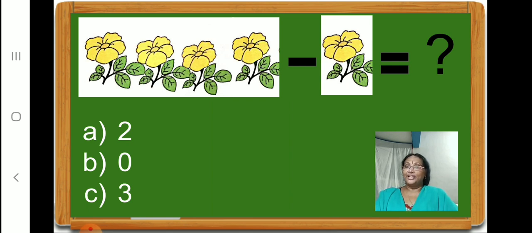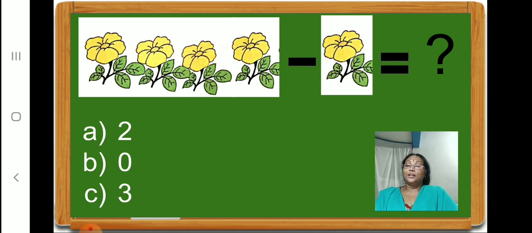So children, we can do this using our fingers. Children, open 4 fingers. Now fold 1 finger. Now count and see how many fingers are left. 1, 2, 3. Therefore, 4 minus 1 is equal to 3.